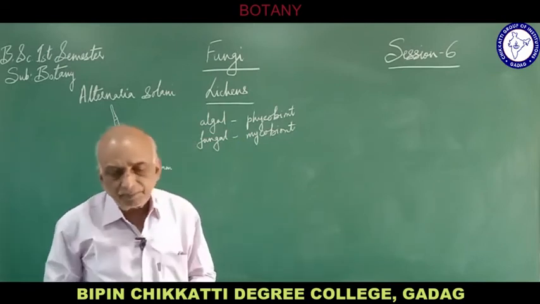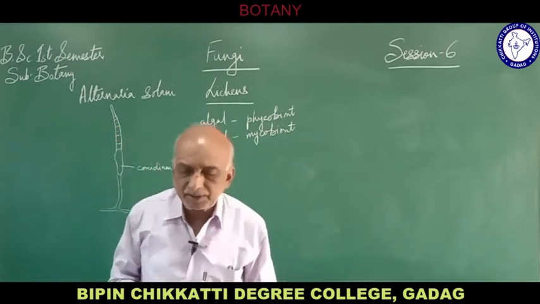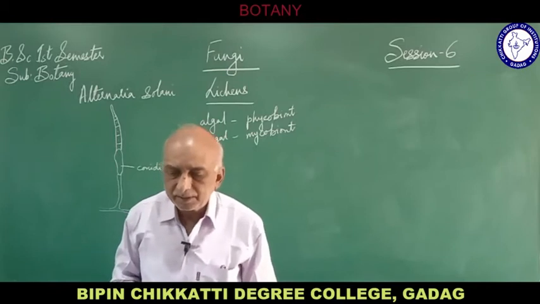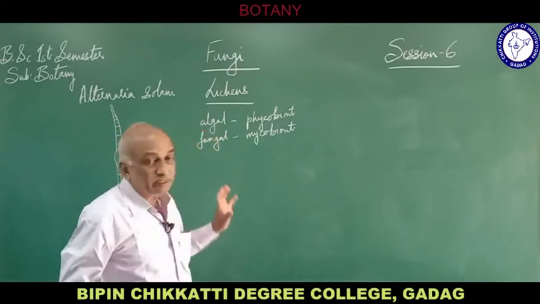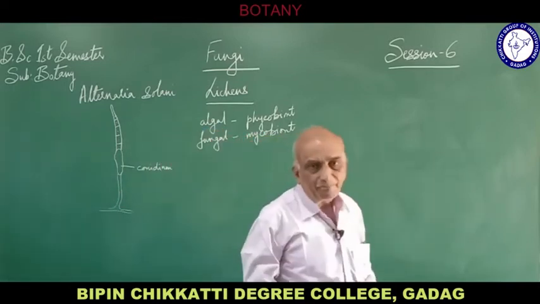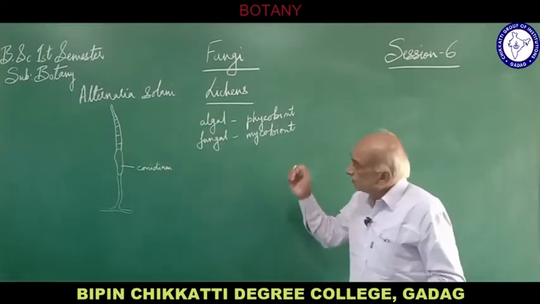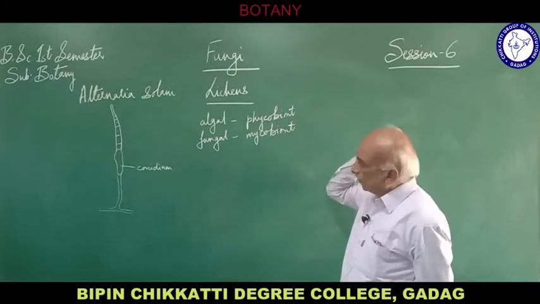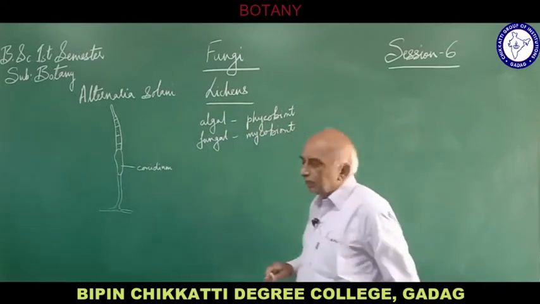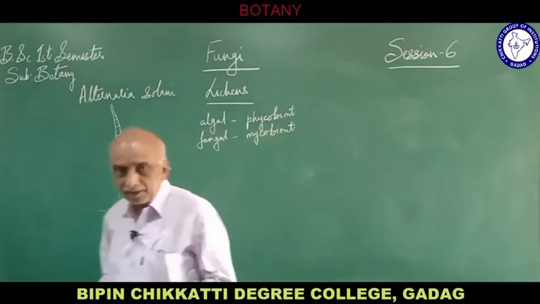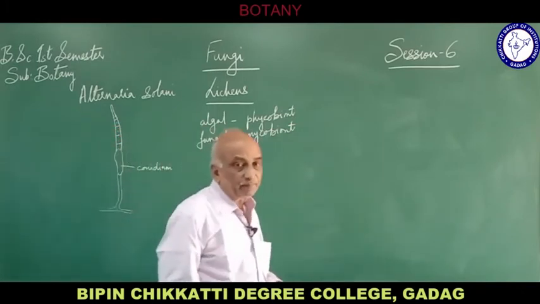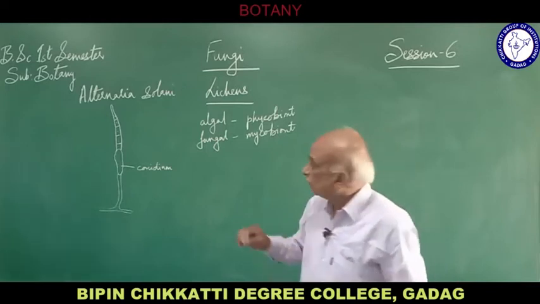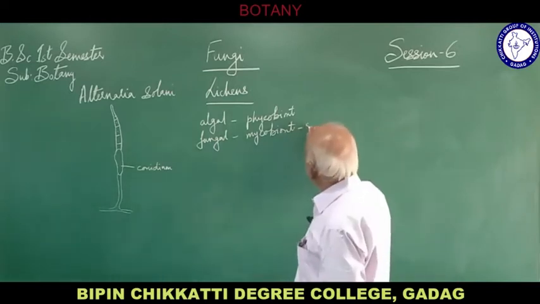This intimate association of the two organisms is such that the two of them together form a single plant, and that is seen in the body of a lichen. And when we come to the algae and fungi, about 85 to 90% of the body consists of fungi.